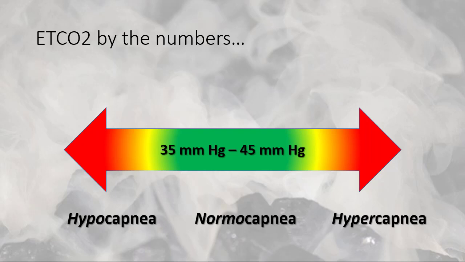And I like to think of this very similar to what you see with your PaCO2, which is also measured in 35 to 45. Now, if it's in range, this is sometimes referred to as normocapnia. And of course, if it's below that, it's hypocapnia. And if it's above that, that's hypercapnia.